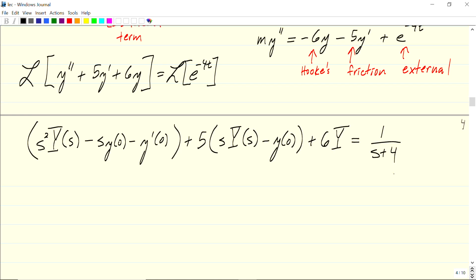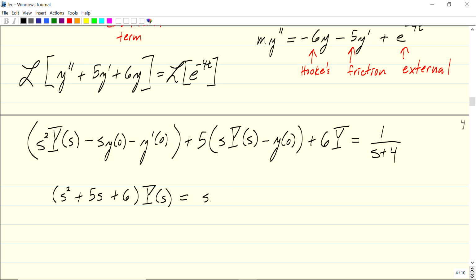Notice the thing that's in front of capital Y is going to be the characteristic polynomial of the ODE. And so I can put all that other junk on the other side. Why don't I give myself some initial conditions? I want to solve an initial value problem. Anyway, I have to put all this junk on the other side.